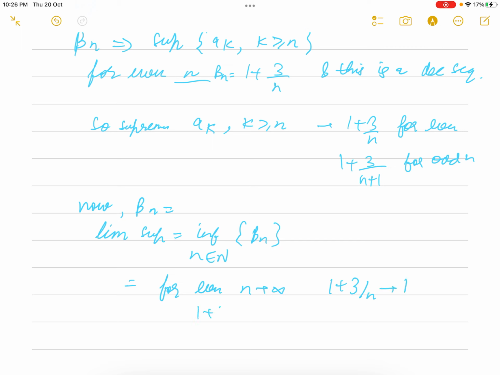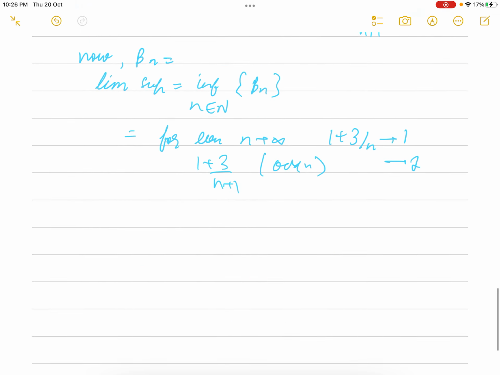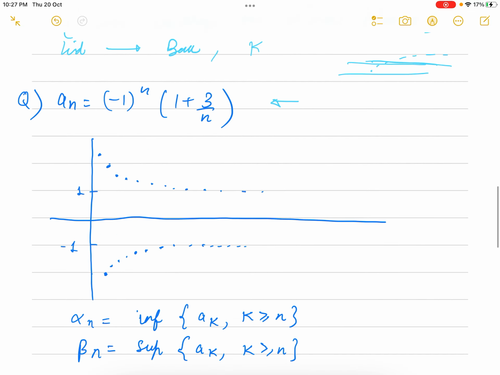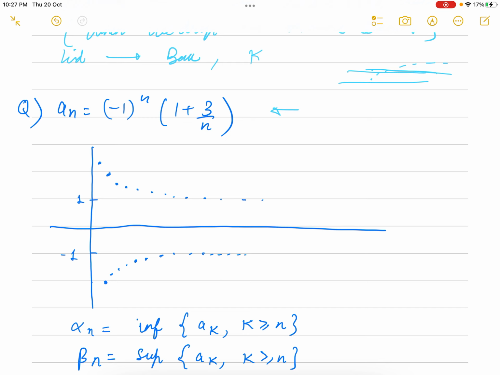Similarly, for 1 plus 3 by n plus 1 for odd n, this approaches 1. Therefore, either by calculating the set of beta n's for all n and then calculating its infimum, we observe that the lim sup is 1, or we can directly see from this graph that this starts from 2.5 and gradually goes down to 1, where it attains a constant value, and that is the lim supremum.